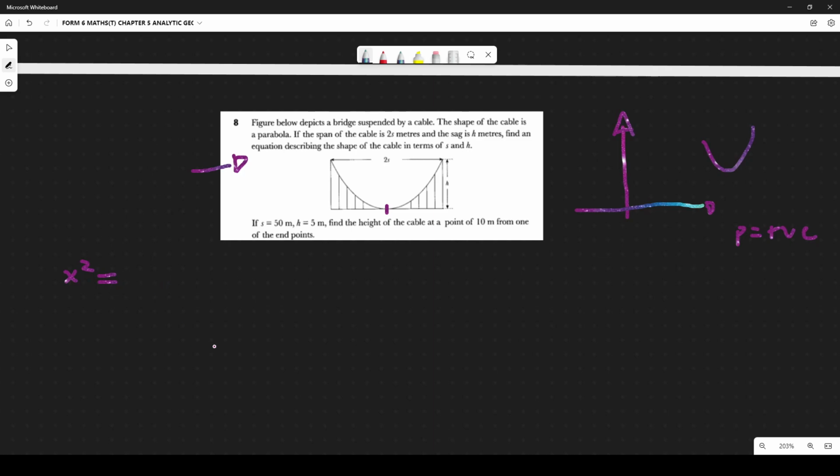We don't want extra variables. So this could be k instead of using p: x squared equals k y, where k is just equal to 4p.